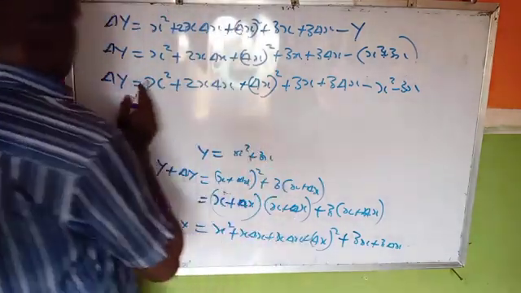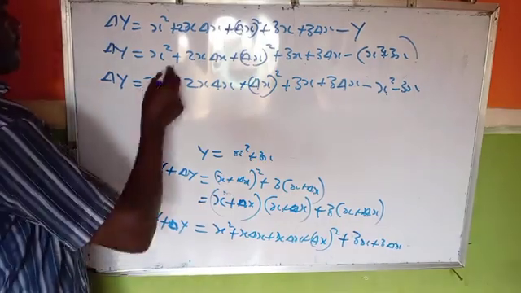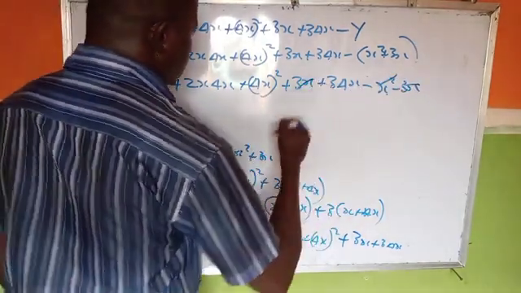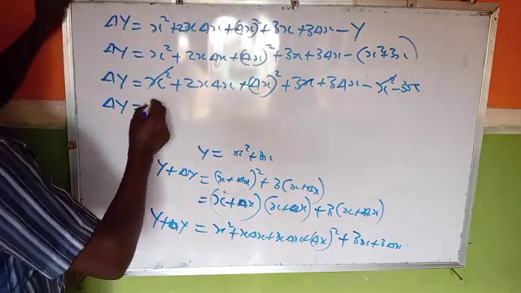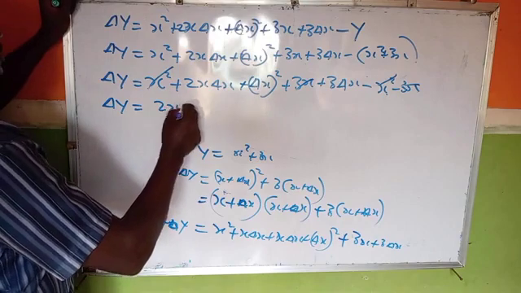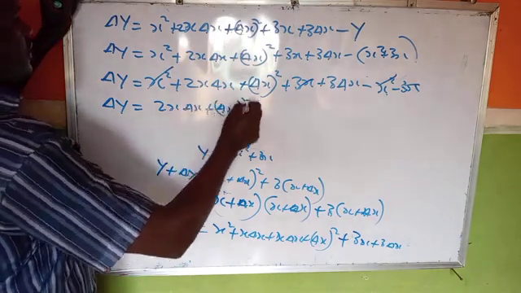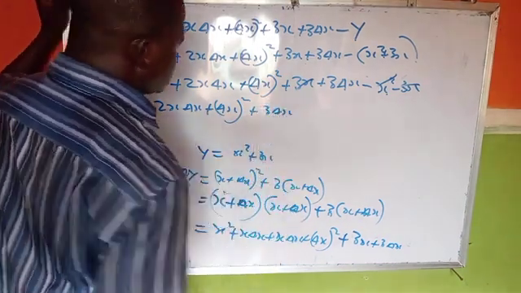So look at this: x squared minus x squared is gone. Again, 3x minus 3x has gone. So what you have left is 2x change in x plus change in x squared plus 3 change in x.